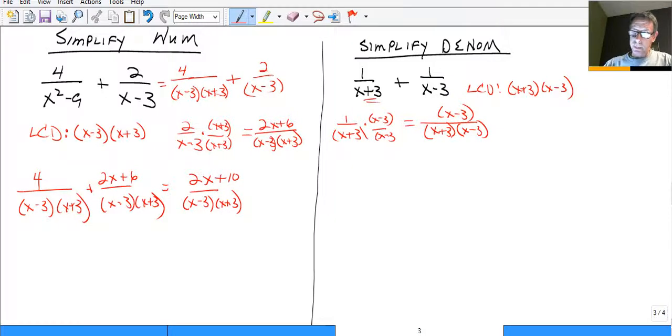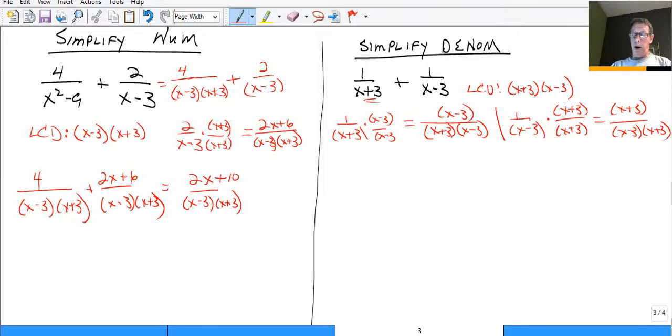The second term is going to be 1 all over x minus 3. And that's going to have to multiply by (x + 3) over (x + 3), to get me the denominator that has x minus 3, x plus 3. So now we're ready to add those two terms together in their new equivalent form.